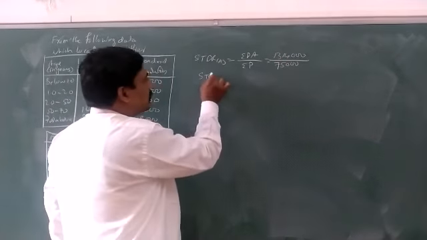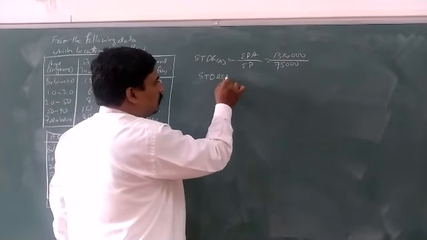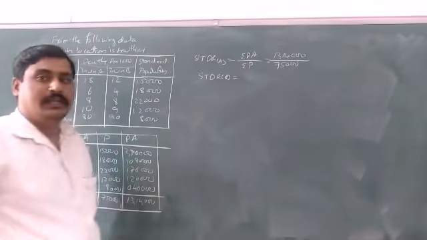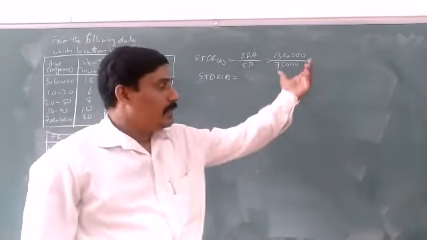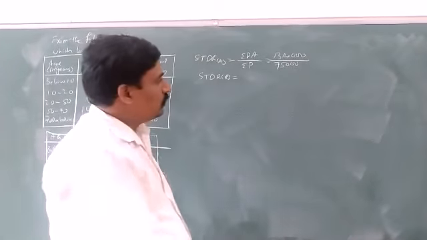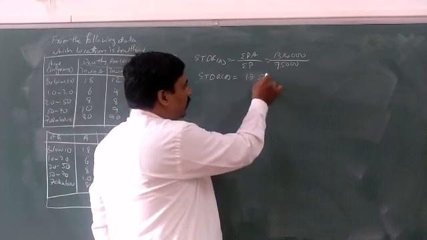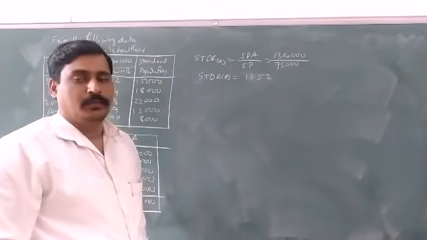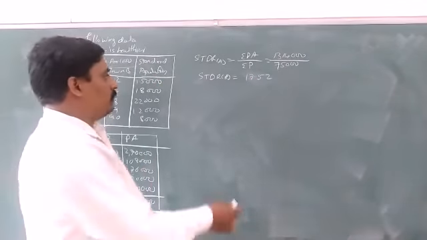So STDR of location A is equal to 13,14,000 divided by 75,000, which is equal to 17.52. Now let us calculate STDR for location B.